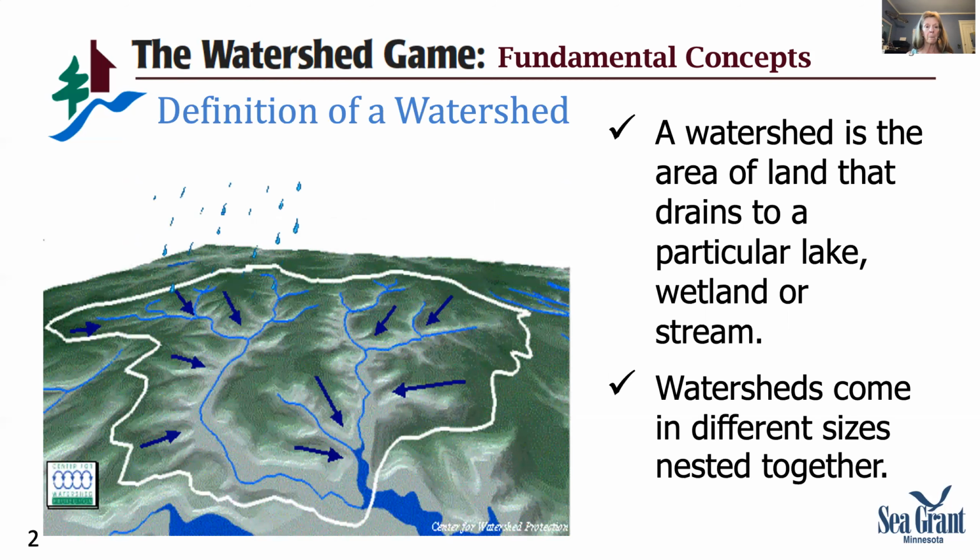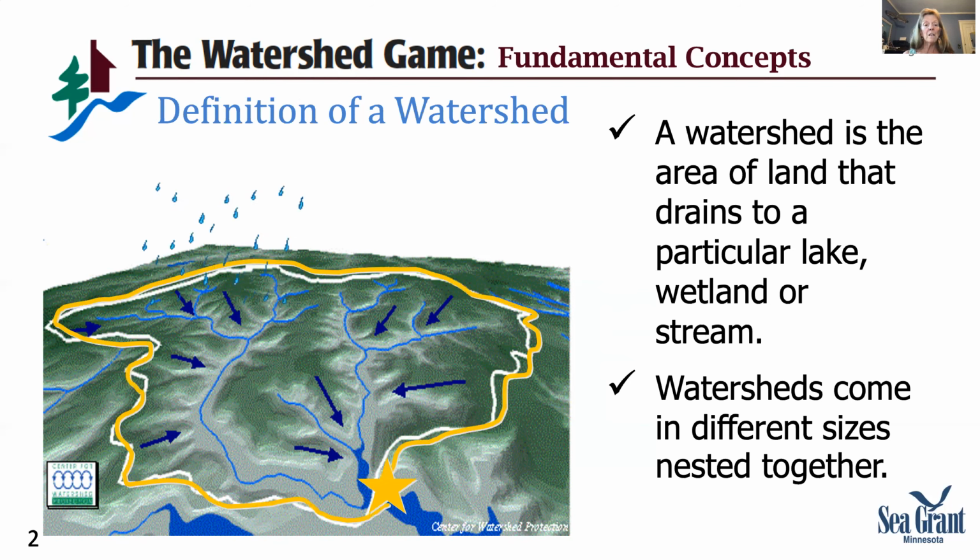So let's get going. So a watershed is the area of land that drains to one particular lake, wetland, stream, or river. And depending on where you're looking at the water quality, your watershed might be a different size because, of course, they come in different sizes that are nested together.